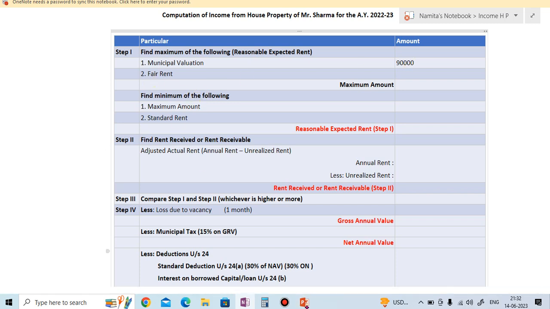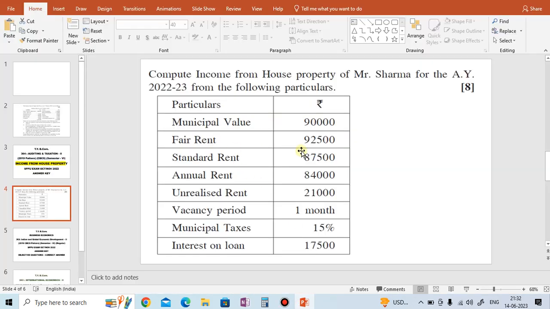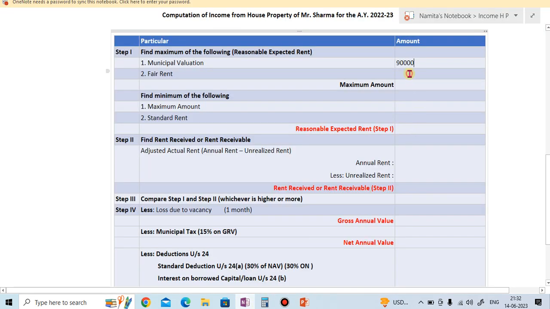Second, fair rent is given, 92,500. Now from these two values, 90,000 of municipal value and 92,500 of fair rent, we have to find the maximum amount.